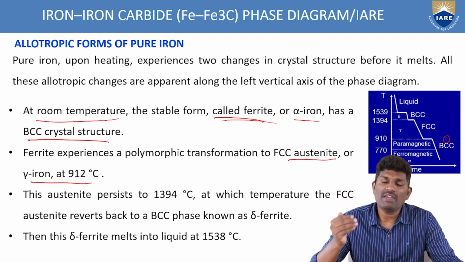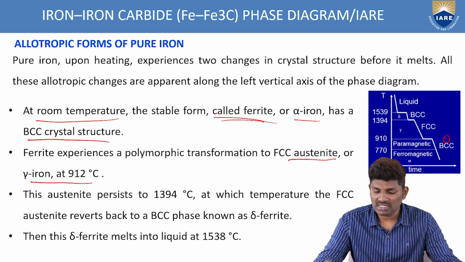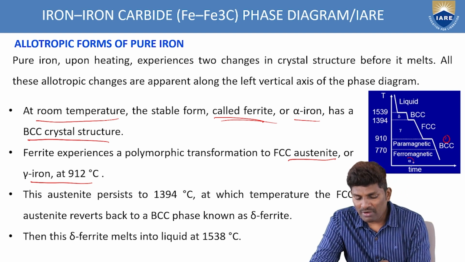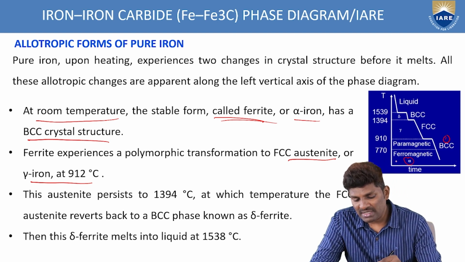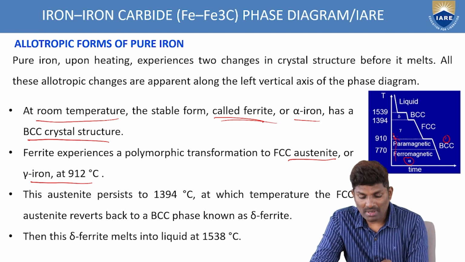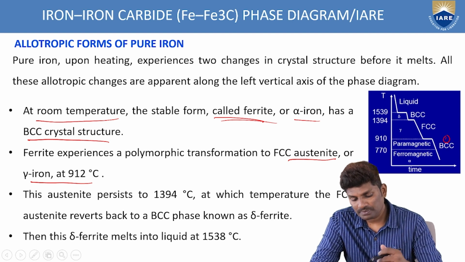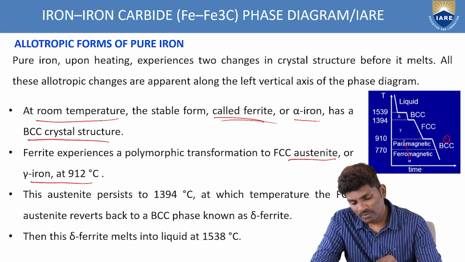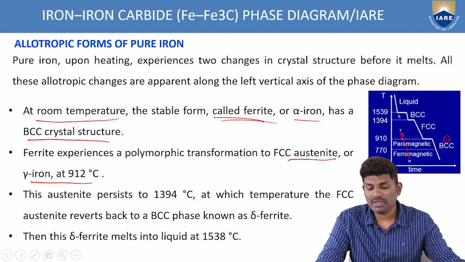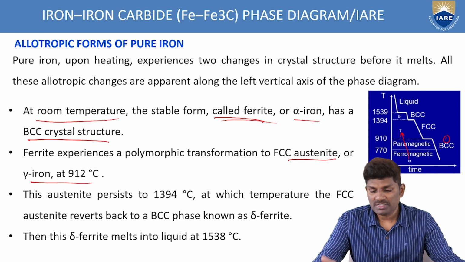So from BCC to FCC, and from ferrite to austenite, it is converting. From alpha, at 912 degrees centigrade, it shifts to gamma iron. From alpha to gamma, from BCC to FCC.